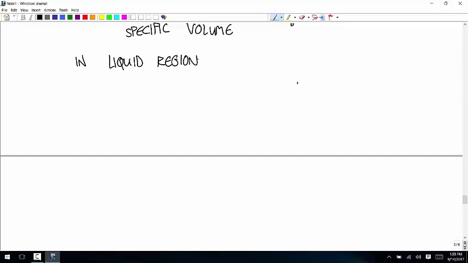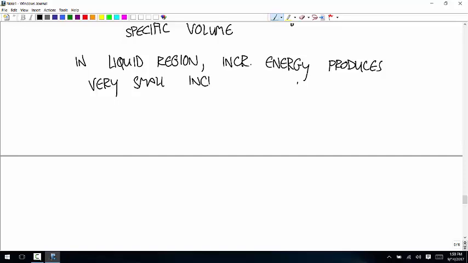You're like, that's okay, I'm not writing anymore anyways. In the liquid region, increasing energy produces very small increases in specific volumes.